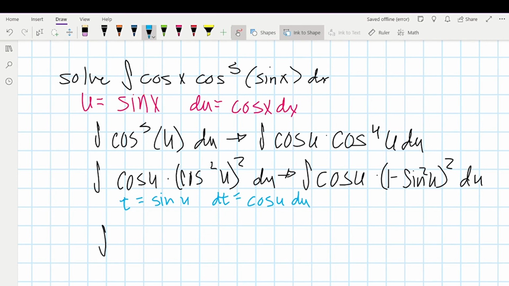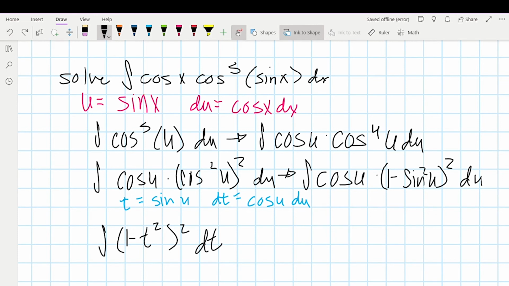So this will cancel out these, and we can just write on the end of our integral dt, and we know that now we will have 1 minus t squared, the whole squared, dt, because sine becomes t, just as your little reminder.